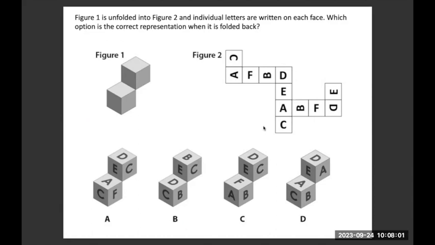What you have to guess is which of the cube arrangements in options A, B, C, D define this surface development which is shown in figure 2. That's what you have to find.